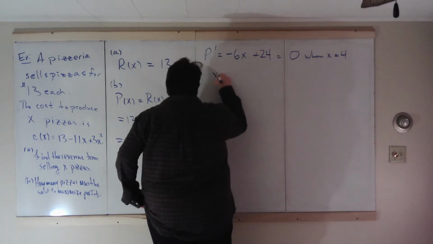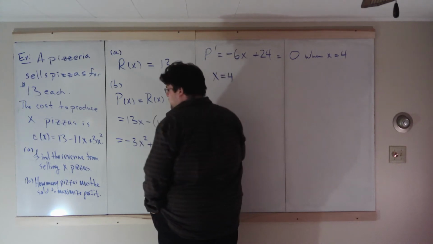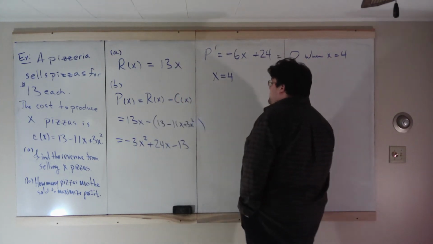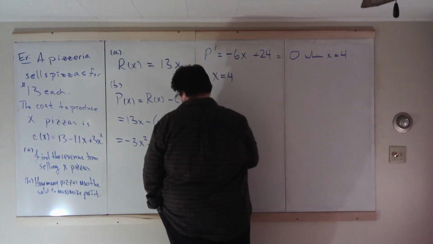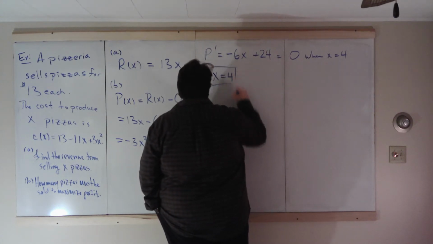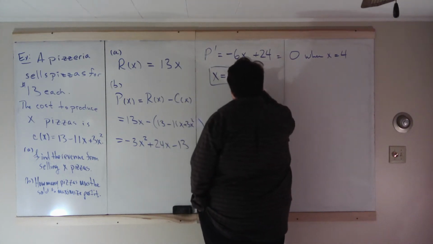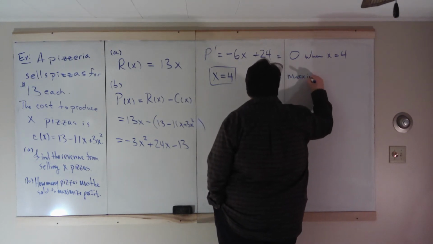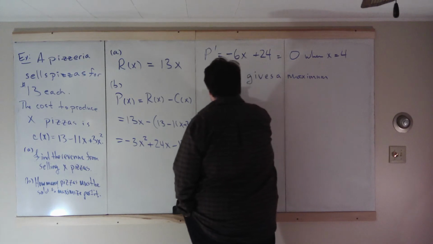So x equals 4. The question says how many must be sold to maximize profit. It doesn't say what the maximum profit is. $35, I think. x equals 4 gives a maximum because of what?